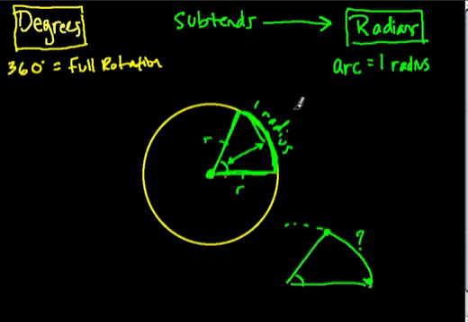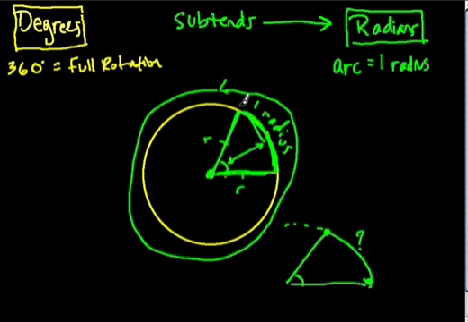Now, there's an easy connection between these two if we go back to the full rotation of the circle. A full rotation of a circle, if I go all the way around a circle, what I'm looking at is the circumference. So a full rotation is called a circumference, and I'll just write it as CIRC.